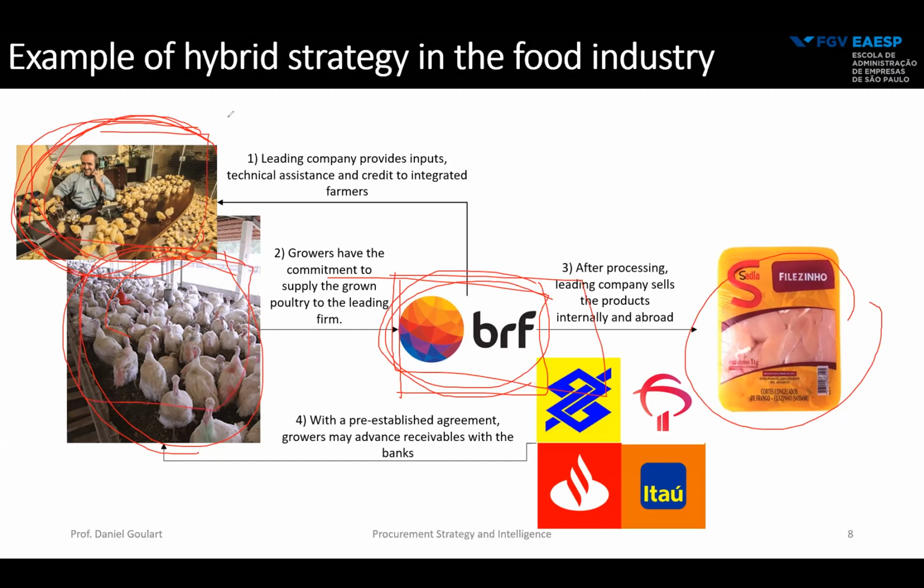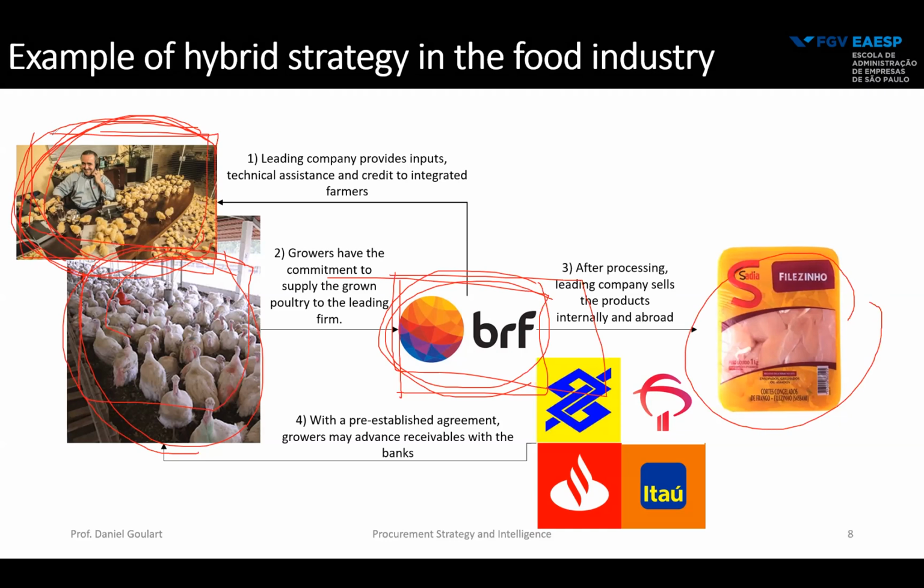The question is, does BRF grow poultry? Do they have installations to grow the poultry in-house? No, they don't have.